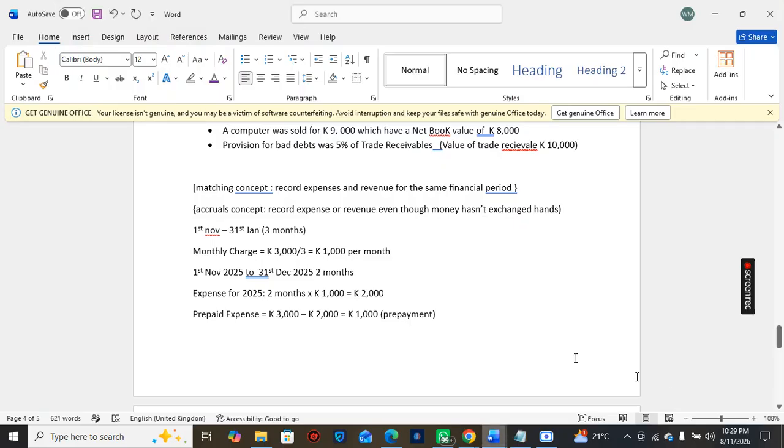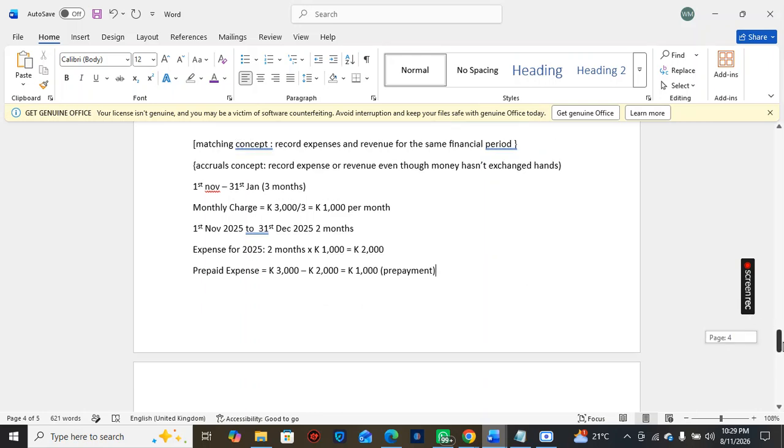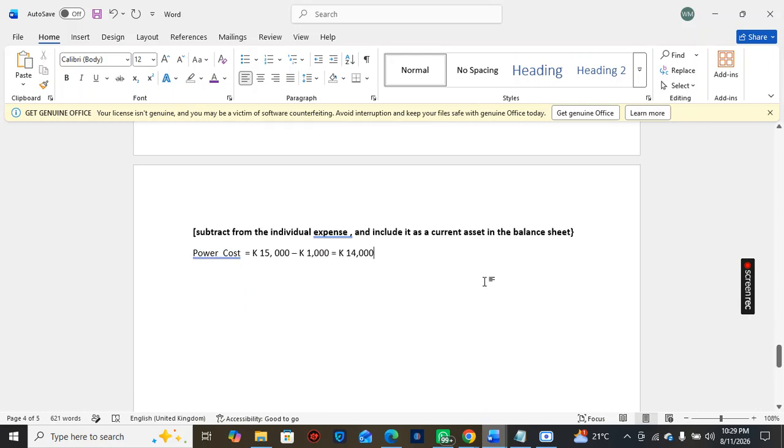Okay, yes. So this is what I need you to remember for accrued expenses, because in here we're dealing with an accrued expense. So for accrued expenses, add to the individual expense and include it as a current liability.